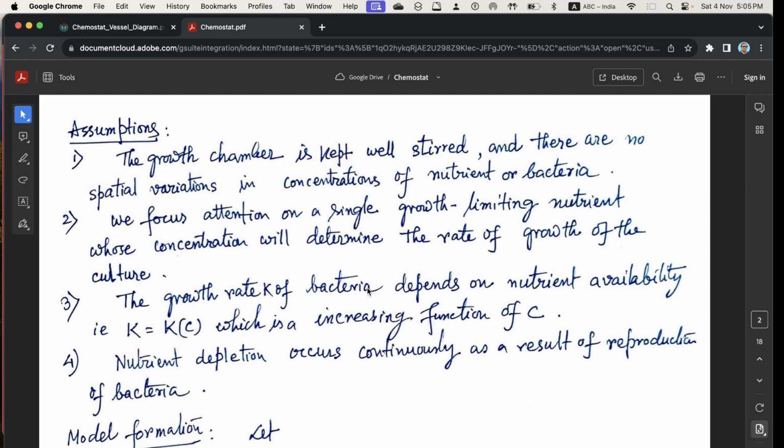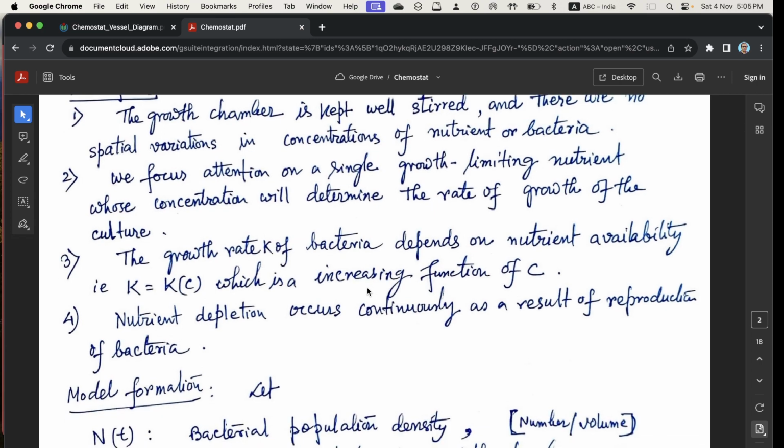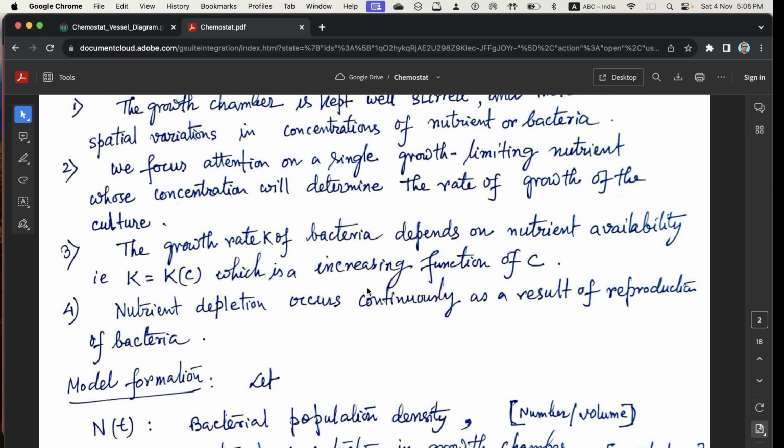The growth rate K of bacteria depends on nutrient availability, that is K equals K of C, which is an increasing function of C. And nutrient depletion occurs continuously as a result of reproduction of bacteria.